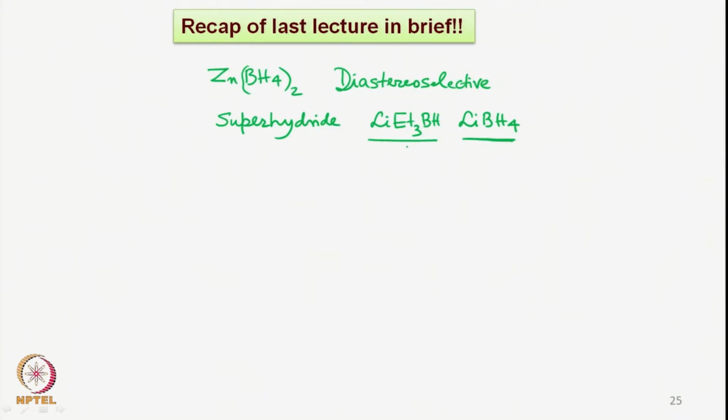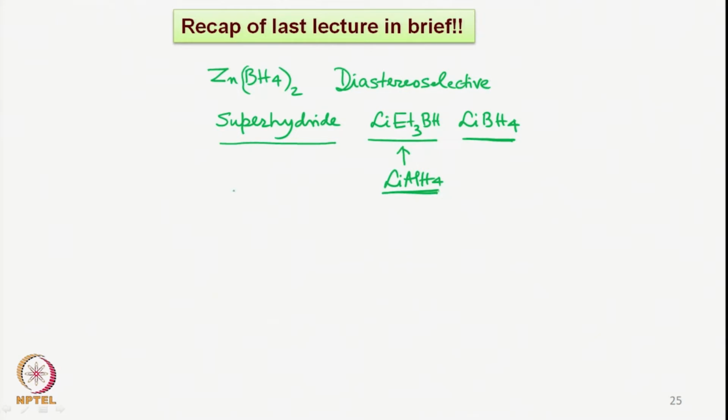Since the electron releasing nature of the ethyl group makes this a stronger reducing agent, it is called a superhydride because it is much stronger than lithium borohydride. And then we also saw how it can be compared with lithium aluminum hydride, where we saw the reactivity was quite different from lithium triethyl borohydride.